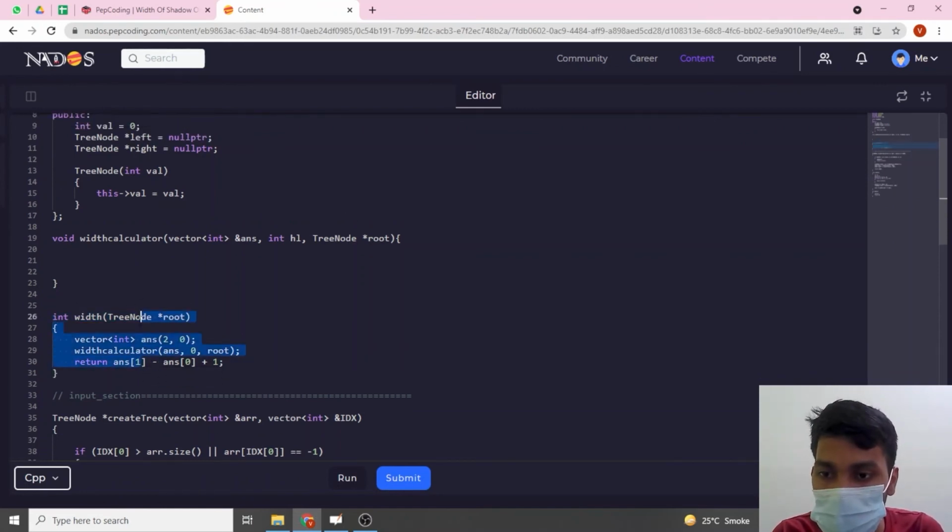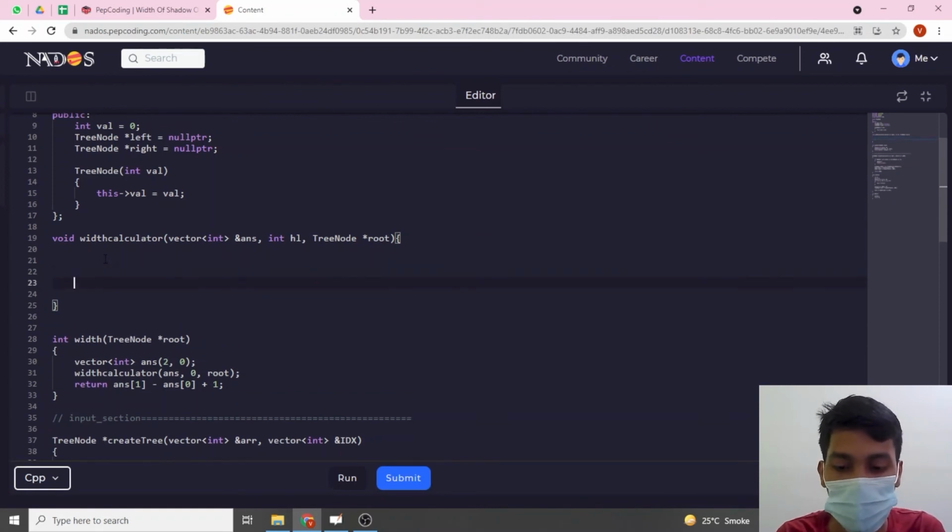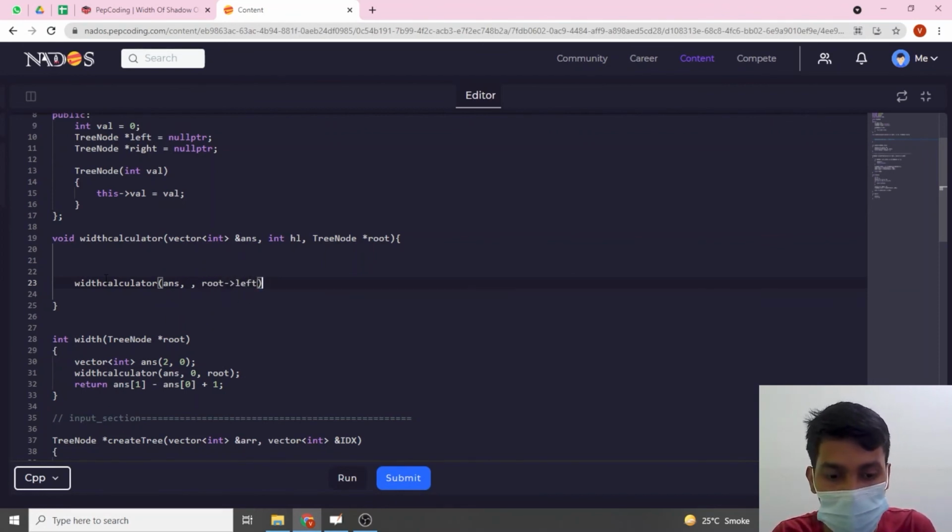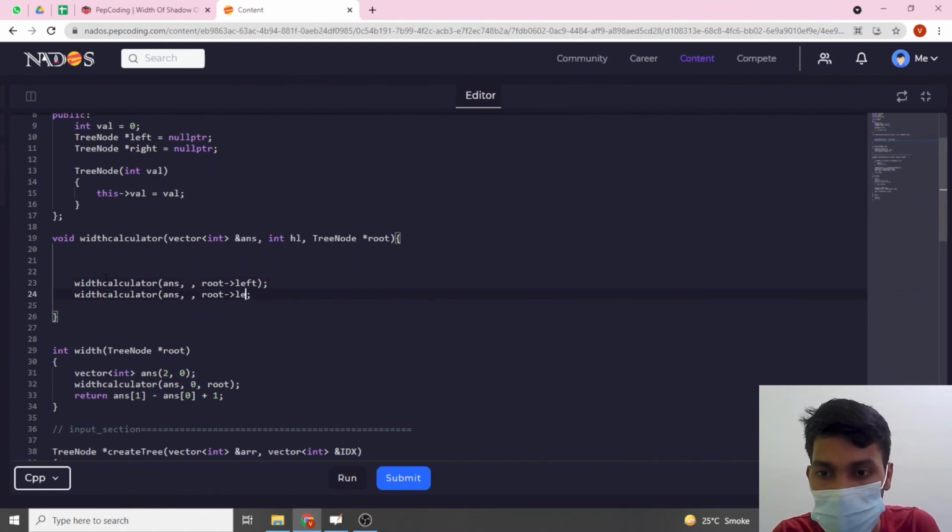Now what are we going to write in this function? We know two things. First, that we have to make calls. So we are going to make a call to the left subtree and the right subtree using width calculator. We make a call to the left subtree with the answer as it is, and similarly I'm going to make a call to the right.